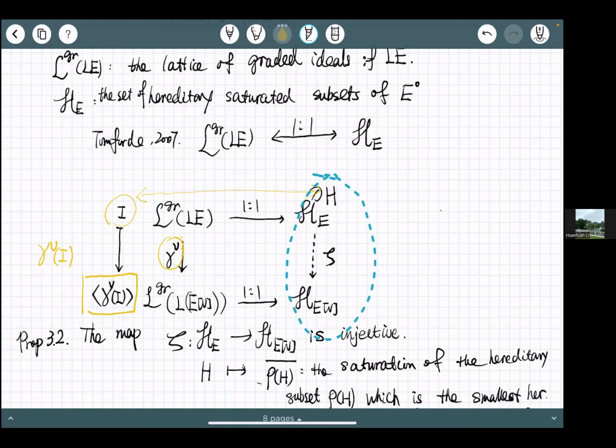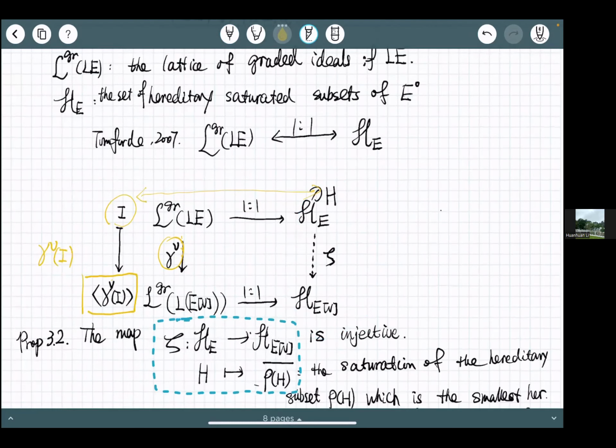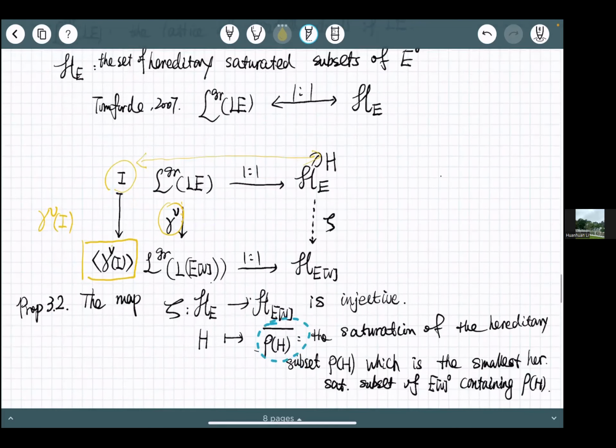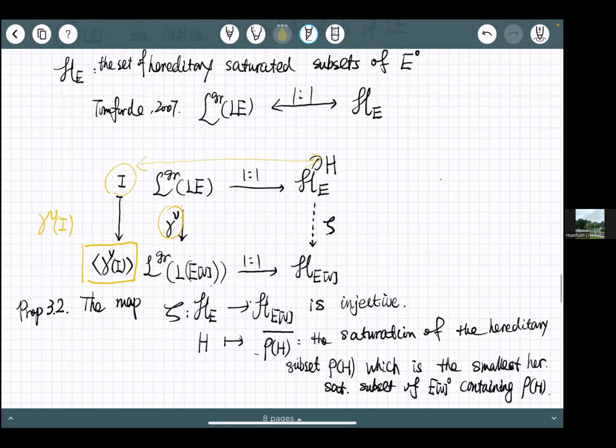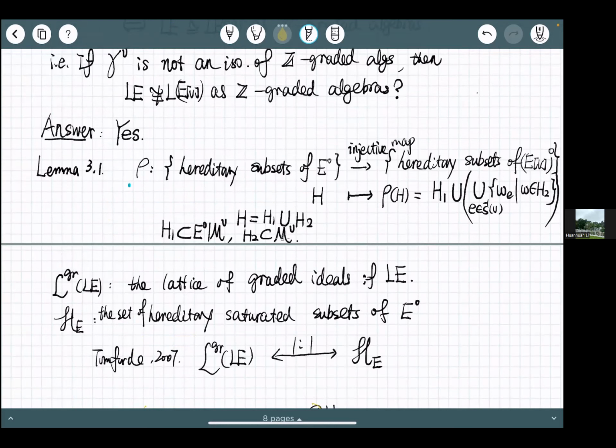So we write down the map zeta. We pick H, which is hereditary saturated, and the image would be the saturation of the hereditary subset rho H. As before, we prove a lemma that rho H is hereditary.